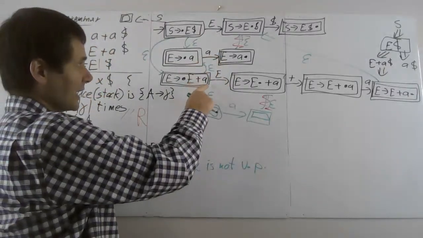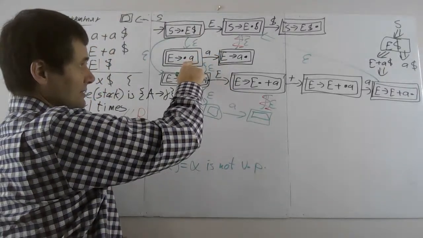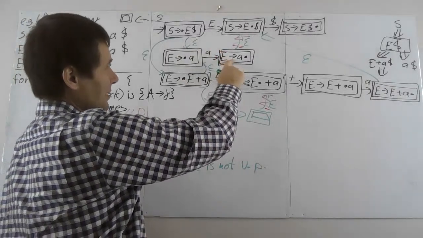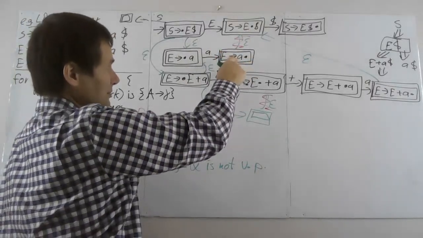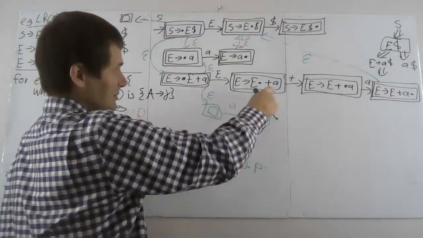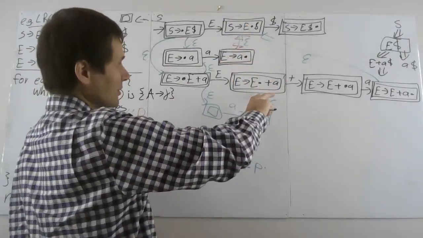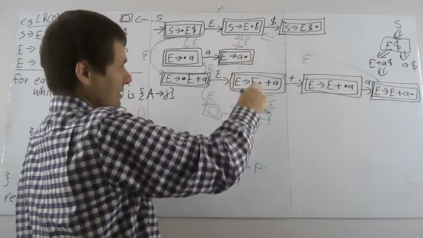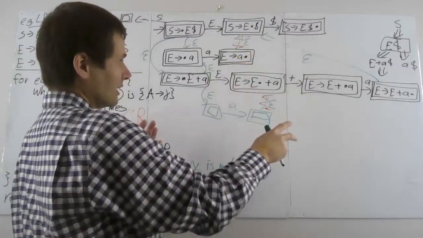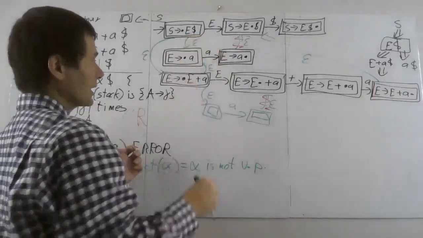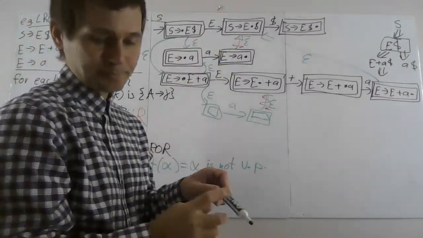So I can make an epsilon that goes to this state that's going to see the A. And then the only difference between this state and this state is the epsilon that would take me here versus here. But if the epsilon was gone, then this state and this state are completely identical, and I don't have to introduce a new copy of them. I can just reuse the old copy.